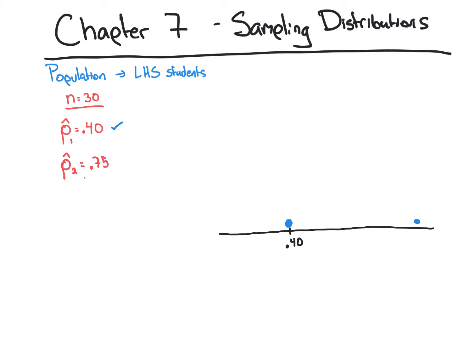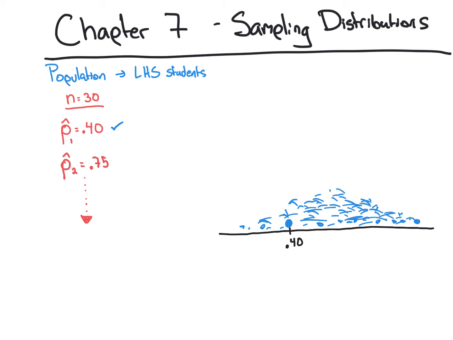Then we would continue this over and over and over again, and we just keep doing it. That's going to put a bunch of dots all over this dot plot, and they should start to stack up at some point.